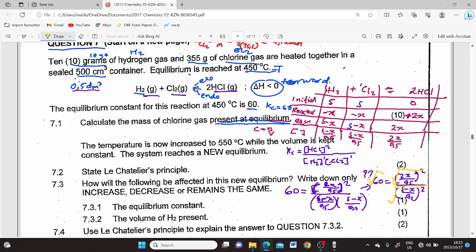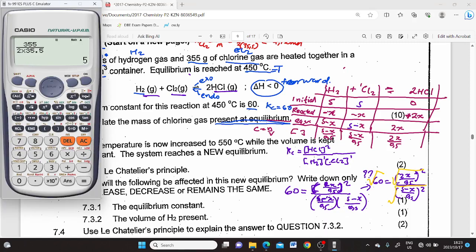So let's take the calculator. Square root of 60 is 2 root 15. It's fine.